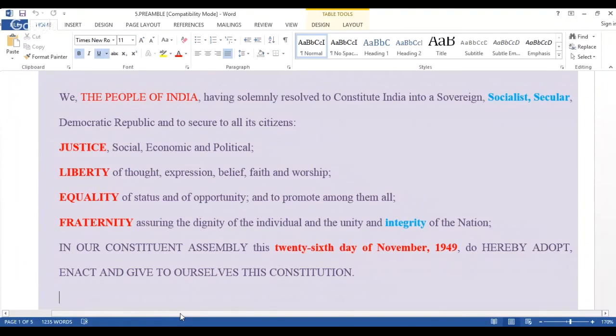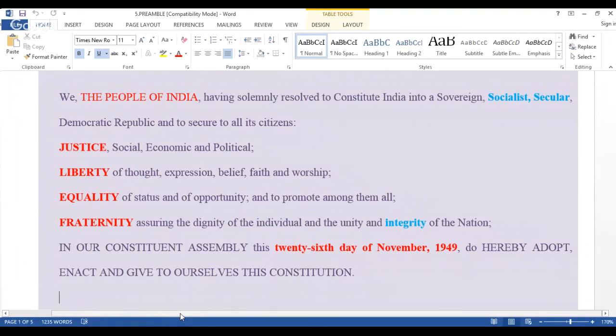In our Constituent Assembly, this 26th day of November 1949. What is the day that you got it? 26th day of November 1949 means November 26th, 1949. Meaning, in the preamble, the date of adoption is mentioned, not the date of commencement of the Constitution. Am I clear?